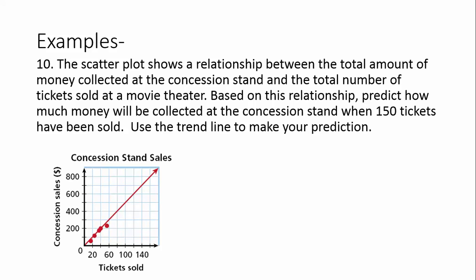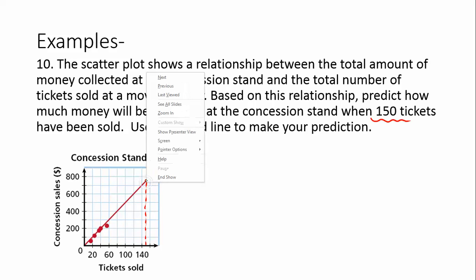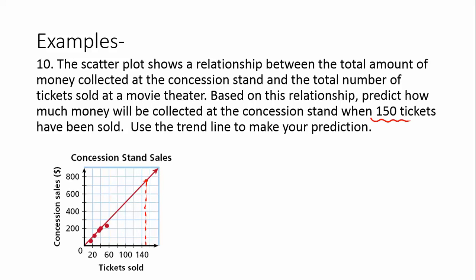So we're looking for what happens way out at 150 tickets. And 150 tickets, it looks like these go by 20, 40, 60, 80, 100, 120, 140, 160. So 150 would be right in here, there, and you're looking where the graph hits the line, and then you want to take it over to the Y from that same place.